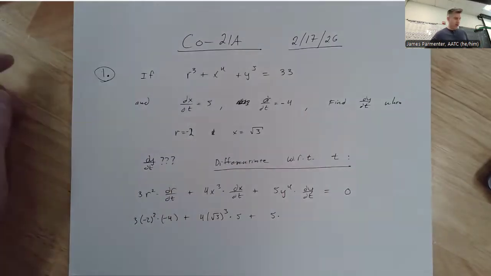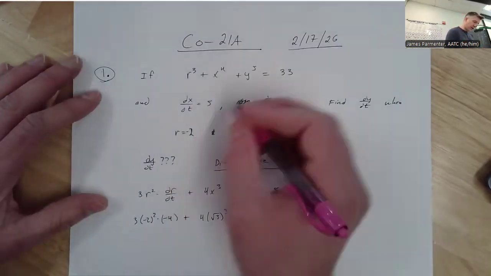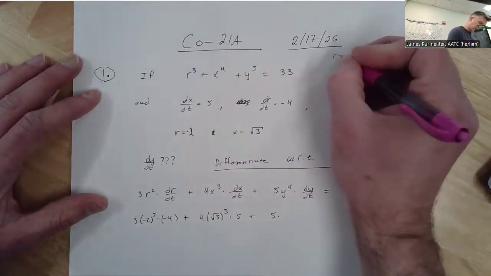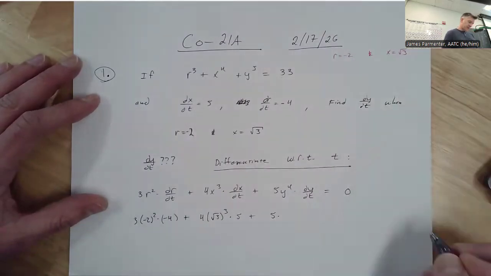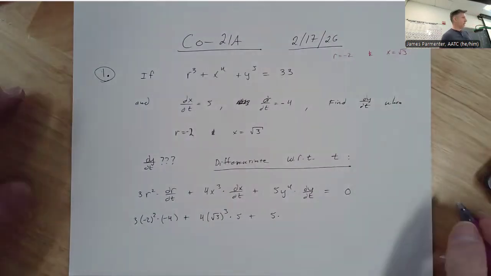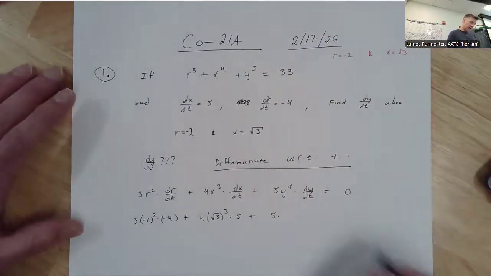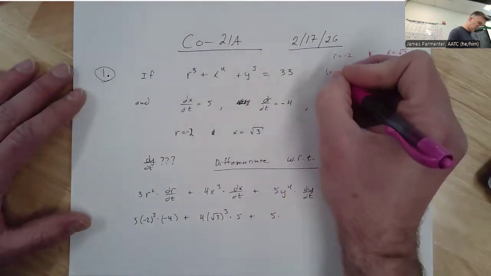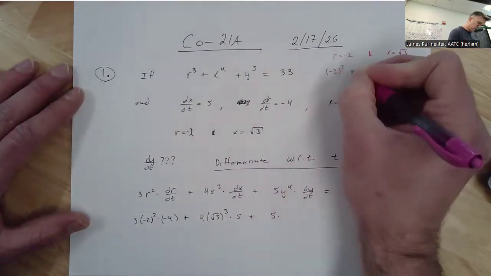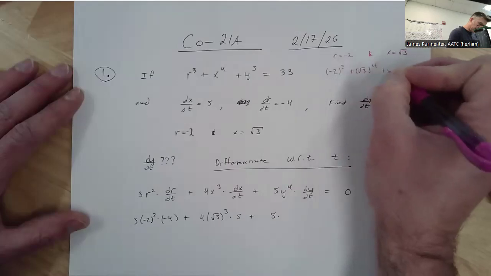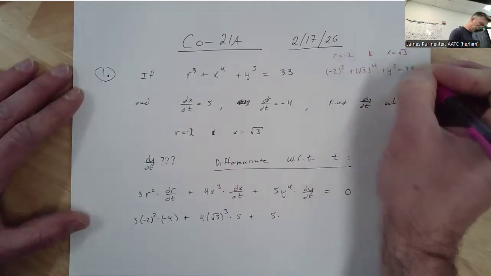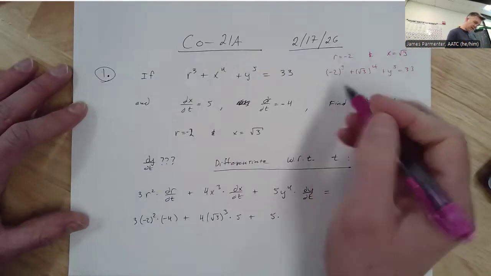So what we're going to do over here is plug in r equal to negative 2 and x equal to the square root of 3. Okay, I did the math right. So I plug that in, look what I get: negative 2 cubed plus the square root of 3 to the fourth plus y to the fifth equals 33. That's negative 8.